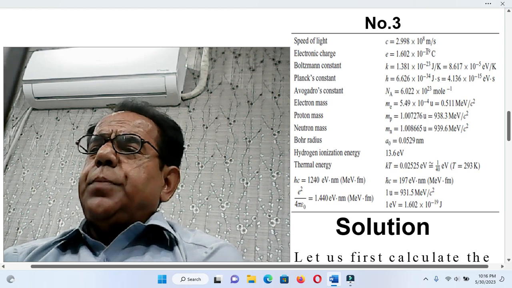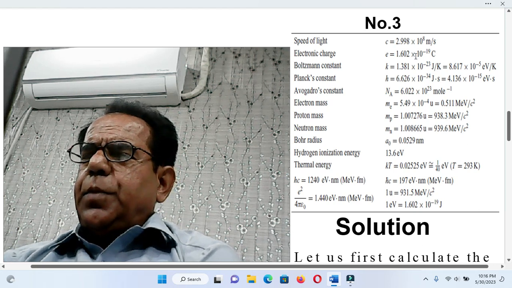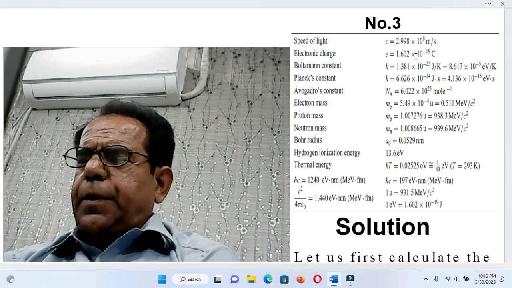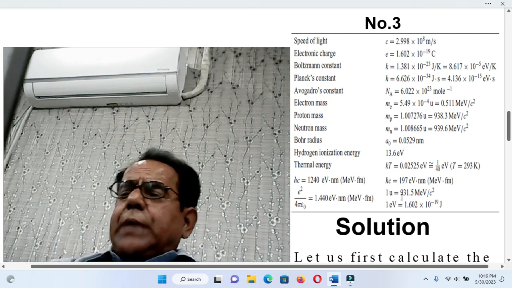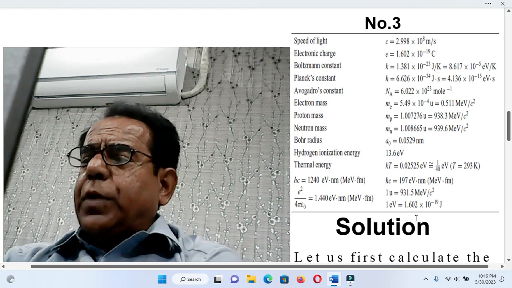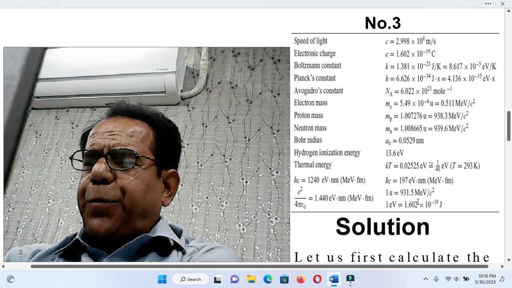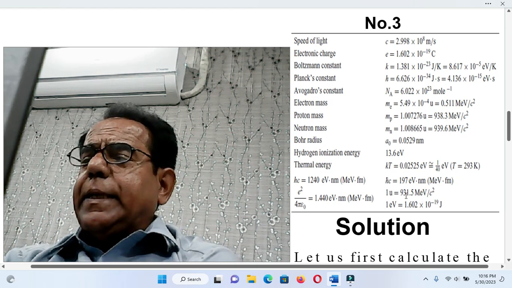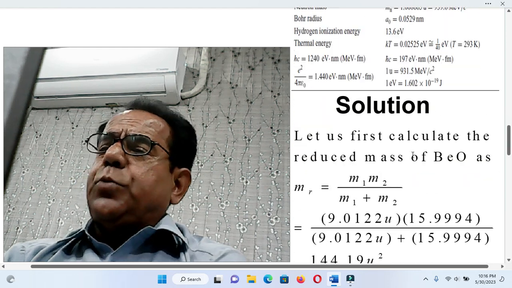Moreover, 1 U, 1 atomic mass unit, is equal to 931.5 million electron volt over c square. This will also be used.